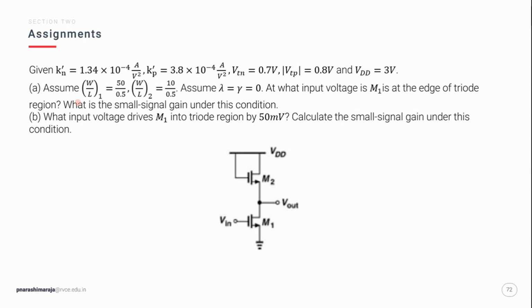So try to calculate, and then we'll have a discussion on this whenever time permits. So what is given here is the VOV. From VOV we can actually compute the VGS value. So it's as simple as that. Once I have the DC quantity, then you can go for calculating the small signal gain. Clear?